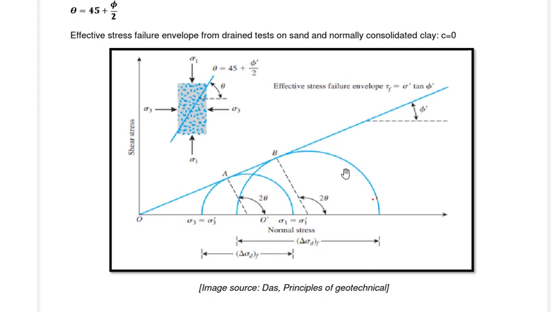So, during the consolidation of the Mohr circles, again, we point at the origin, and to point here at our consolidation stress, our sigma 3 here. So, we have sigma 3 there.